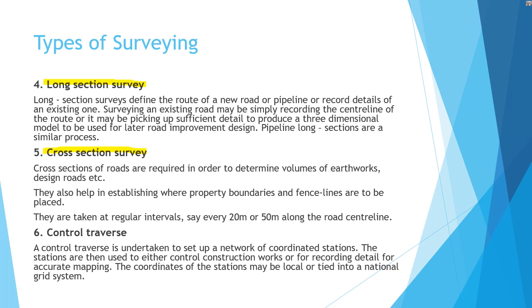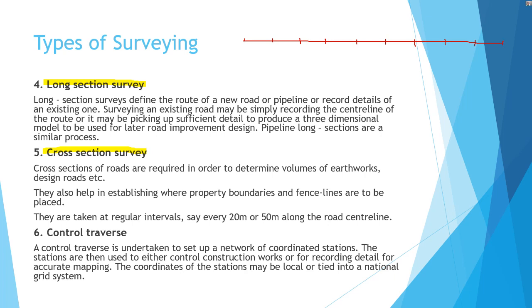Normally if you have a road, then you will need to do two surveys. For example, I'm going from point A to point B, so I will need to do the elevations along this road. We call this the long section survey.